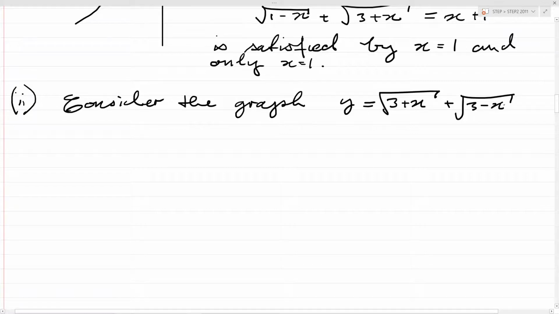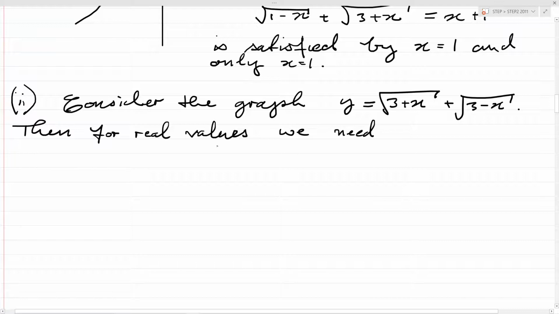Now, again, what you have to realize, obviously, is that this is the square root, so for real values, we require both 3 plus x to be greater or equal to 0 and 3 subtract x to be greater or equal to 0.